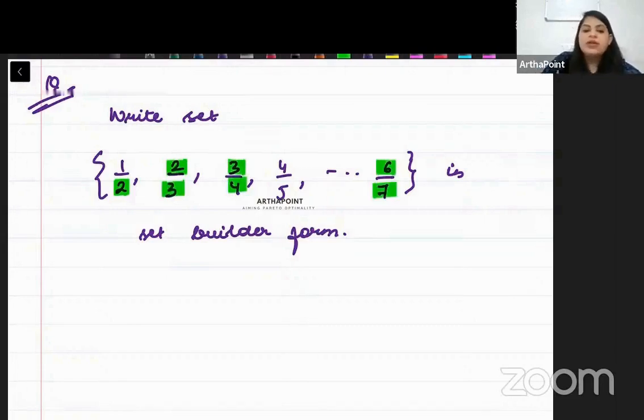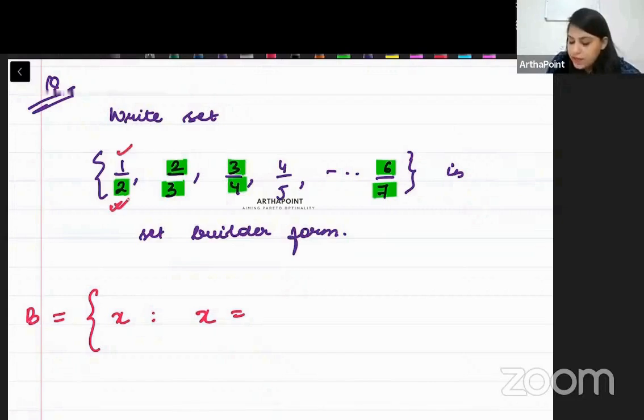So how can we write it? Define a set. Let's say the name of the set is B. It has elements x such that x is number divided by number plus 1. So n upon n plus 1. Okay? Where n can only be natural number.